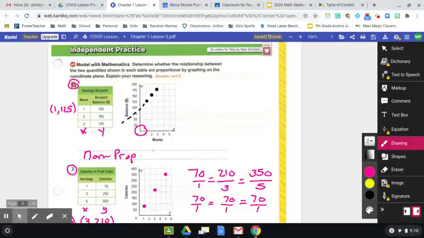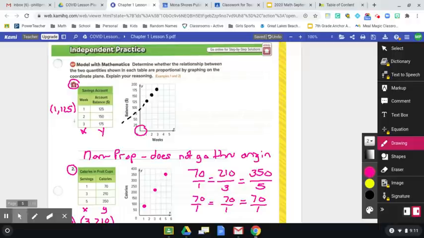And just visually, when you look at it, you know it's non-proportional because it does not go through the origin, or 0, 0. I keep using both of those words. It doesn't go through the origin or 0, 0.